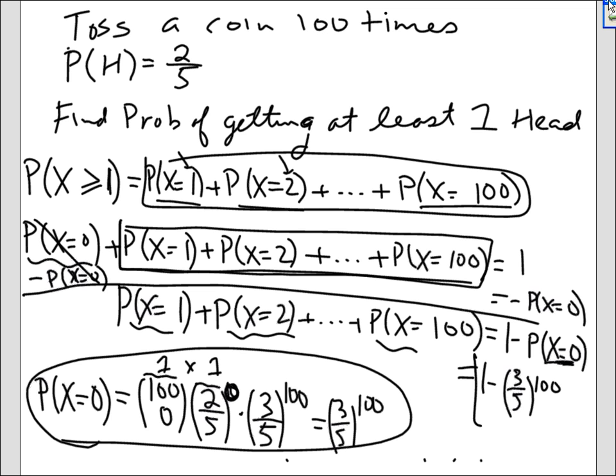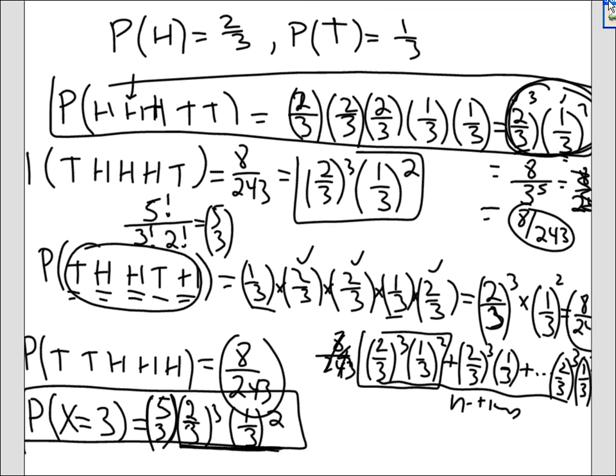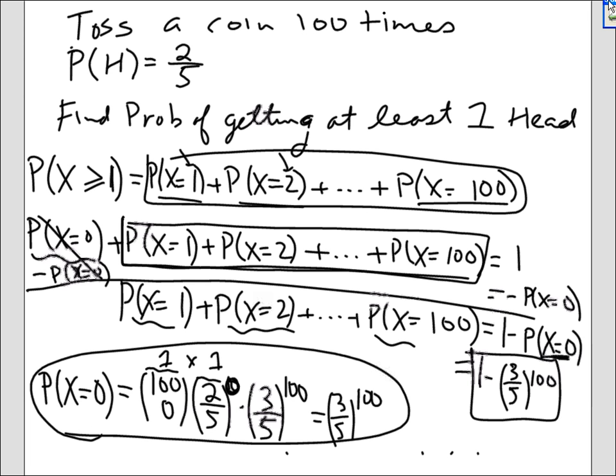Okay, so here is a nice representative for the final answer: the probability of getting at least one head. So it's really good to use complements if you're being asked to calculate a lot of probabilities.